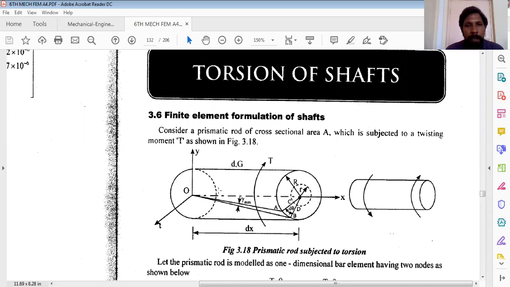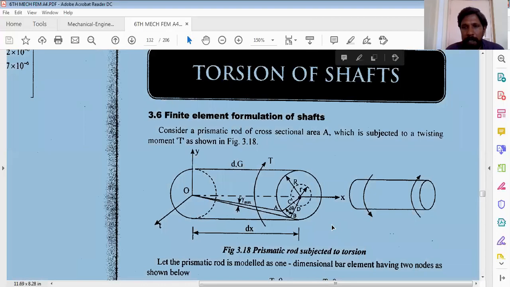Here a circular shaft of length dx is considered in the x direction and is subjected to a twisting moment or torque of magnitude T. The diameter of this circular shaft is d, and the modulus of rigidity is denoted by G. Due to the application of a twisting moment or torque, there will be an angle of twist of the shaft, and the change in angular position is represented by gamma max, that is the maximum shear strain in case of the circular shaft.